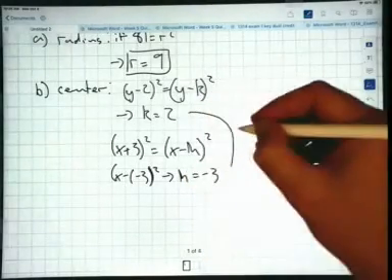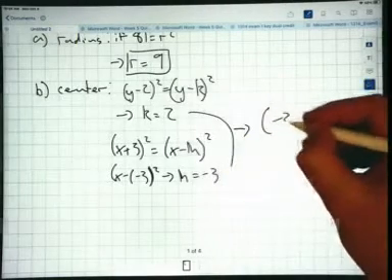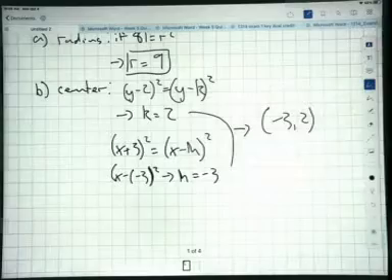So, pulling this information together, our center is at negative 3, 2.